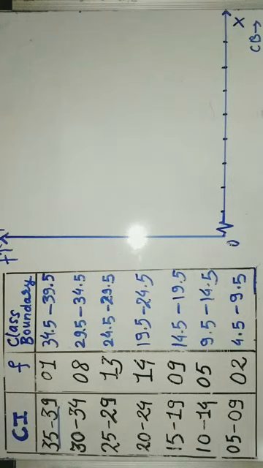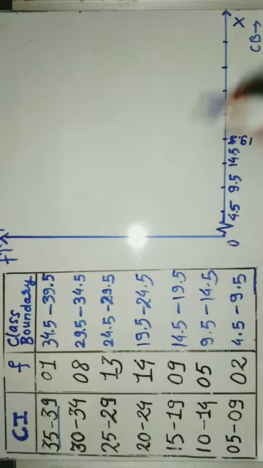Now write the class boundaries starting from the lowest class boundary, that is 4.5. Next 9.5. Always remember that this should be of equal length. Then 14.5, 19.5. Now you have to complete this.